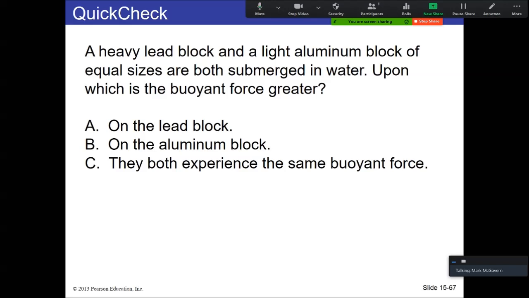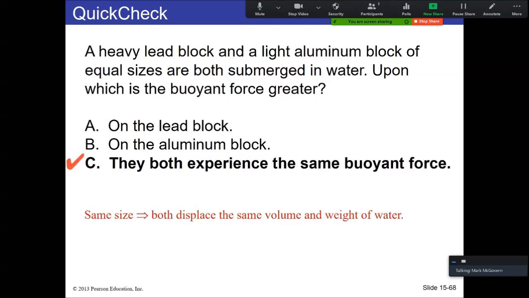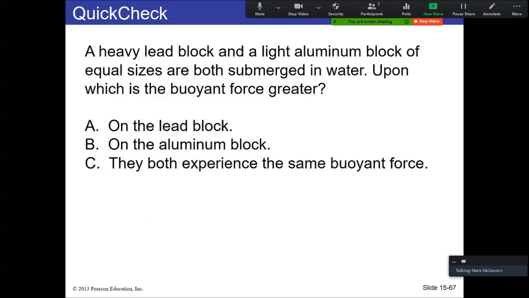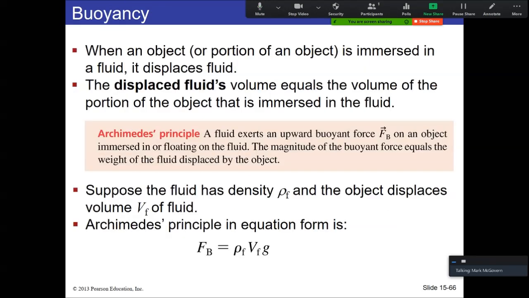But the answer here is going to be C. If they're submerged underwater, then they both displace the same volume of water, which means it's the same weight of water. So if I go back to the buoyant force here, now look at the subscripts, rho F, V. We're talking about the volume and the density of the fluid that's displaced.